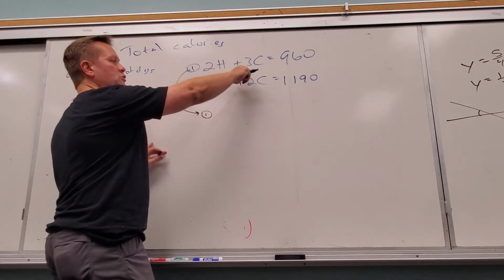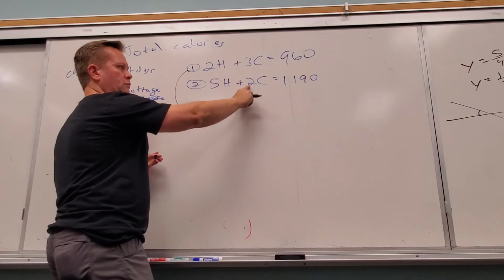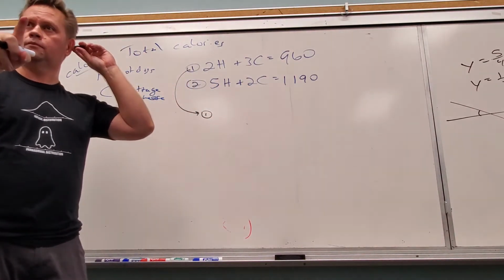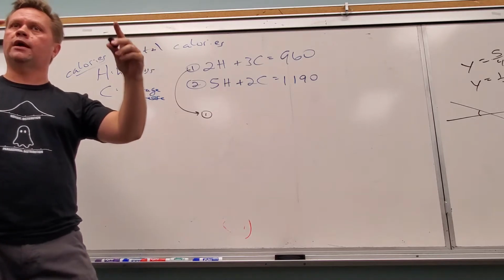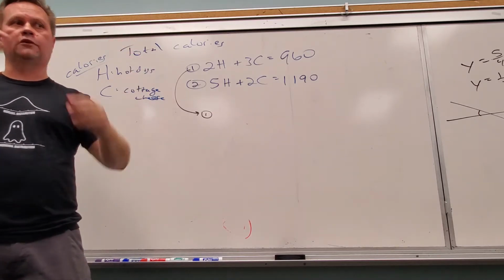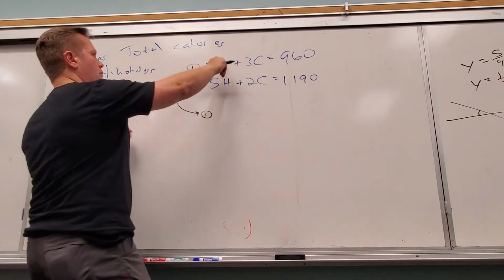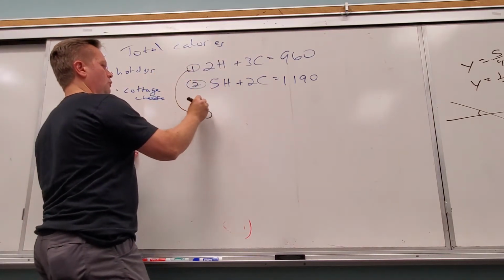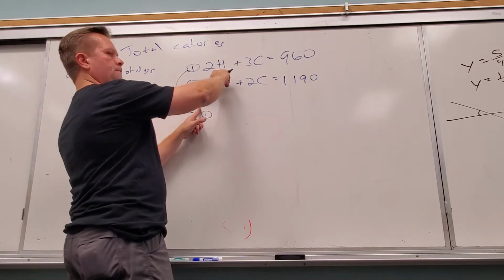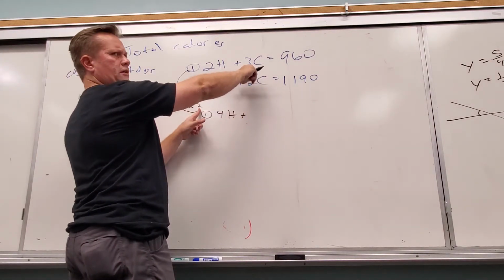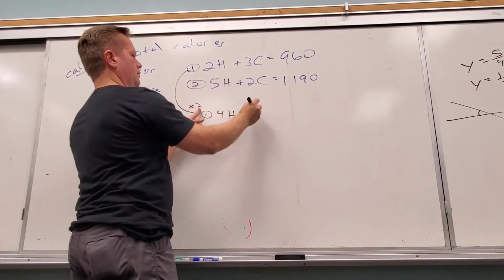If you multiply the first one by 2, what do you have to multiply this guy by? -3, to make them cancel when you add them together. They're not different signs already, so you have to make that happen in the process. So if I multiply this guy by 2, what do I get? 4H. 6C.